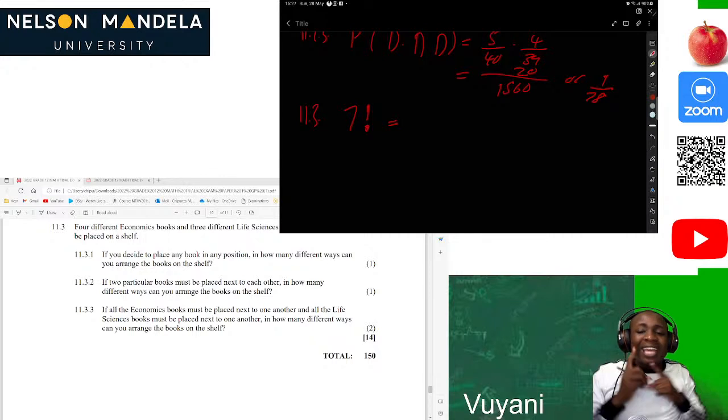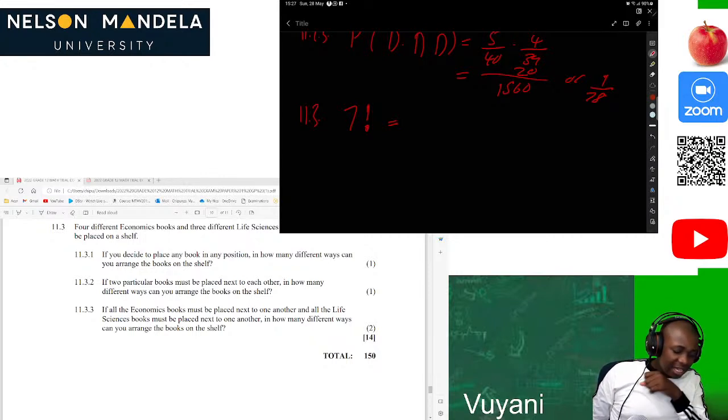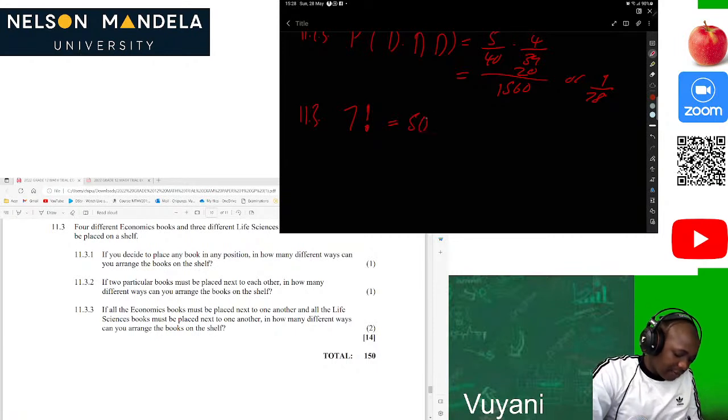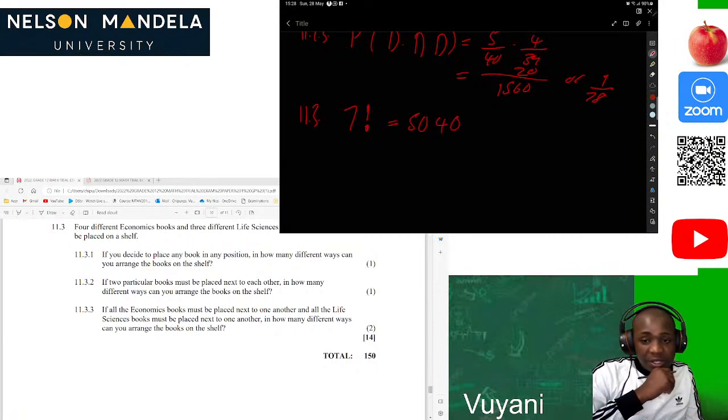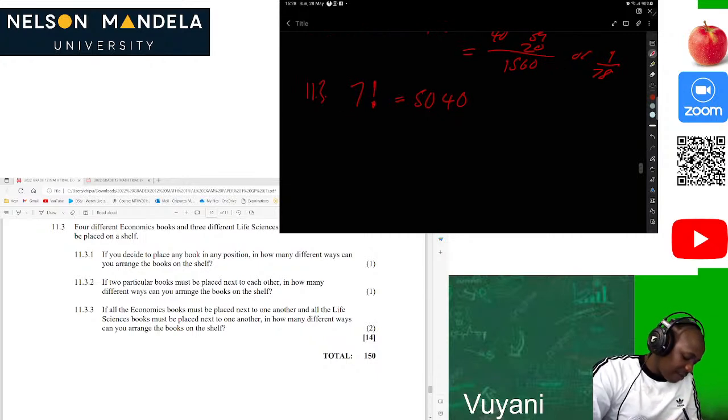Again, we use our Casio calculator to get 7 factorial, which is 5040, sorry. So this 7 factorial, guys, is 7 times 6 times 5 times 4 times 3 times 2 times 1, equal to 5040.